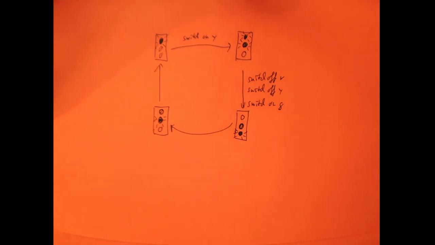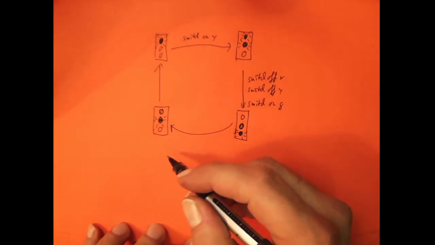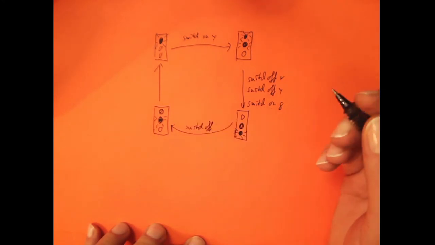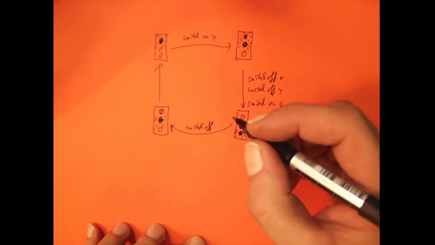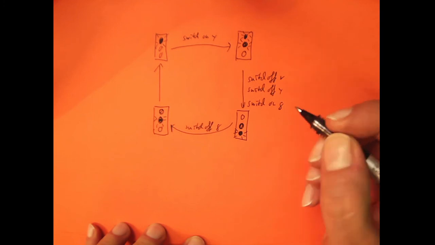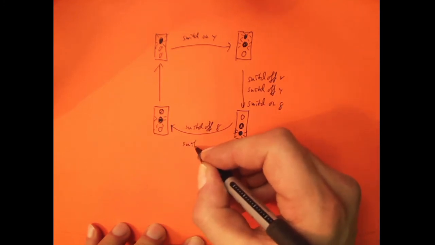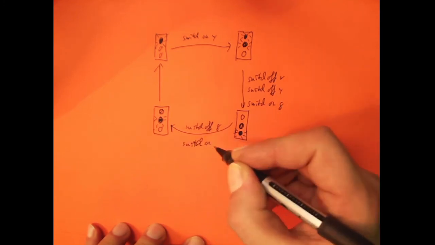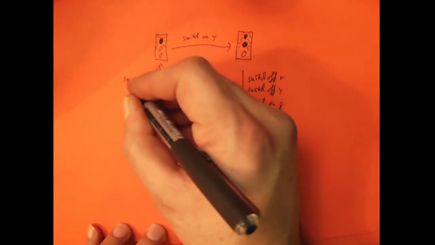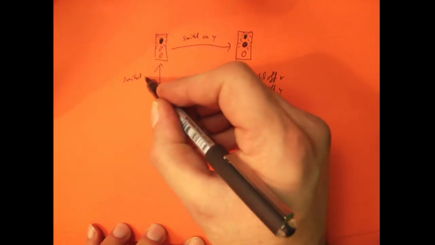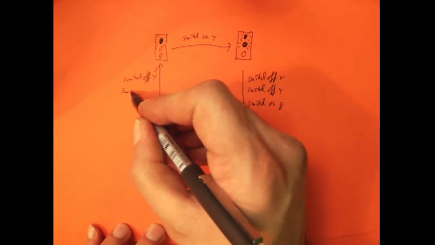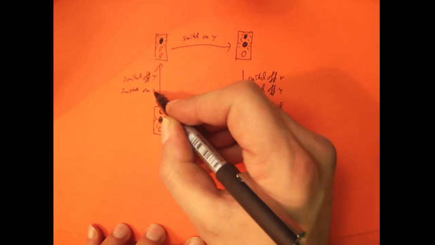Let's continue with the transitions. From here to here, we switch off the green and we switch on yellow. And from here to here, we switch off yellow and we switch on red.